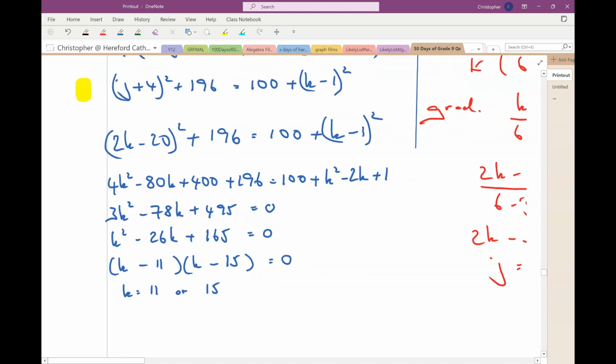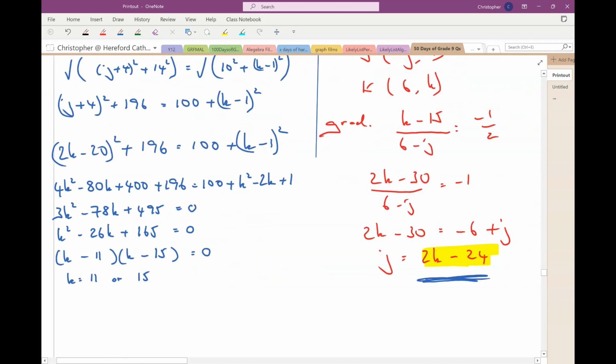So let's work out each of the corresponding values for J, shall we? Now if K is 11, then J, remember that formula there, 2 times K, 2 11s, 22, minus 24 gives me minus 2. And if K equals 15, then J is 2 15s are 30, minus 24 is 6. So it looks like there are two sets of answers. K is 11 and J is minus 2, or K is 15 and J is 6.